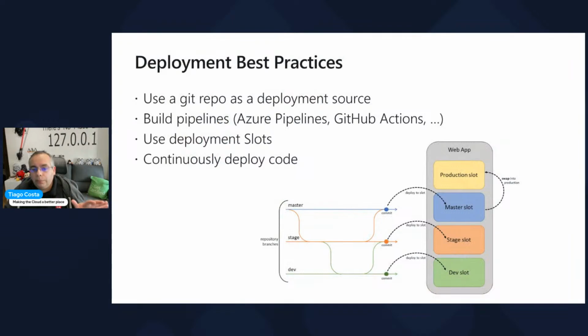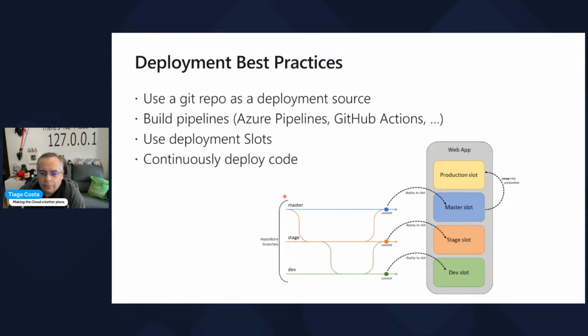Imagine that I have my web app here. I have production slots, master slots, stage slots, dev slots. You can have a bunch of slots, up to 5 on the standard tier, up to 20 on the other tiers.